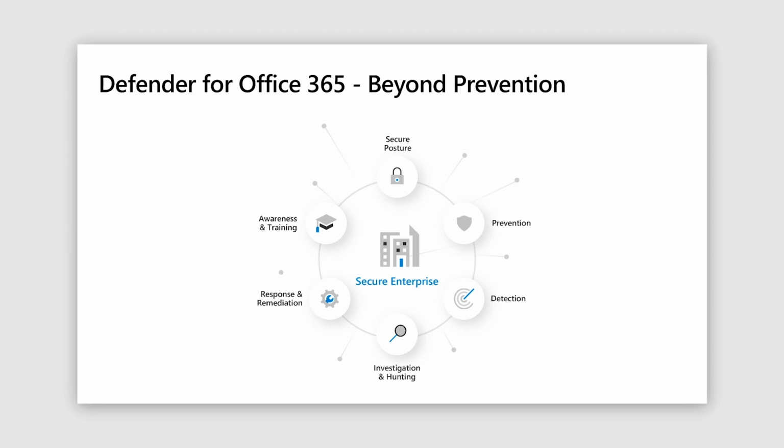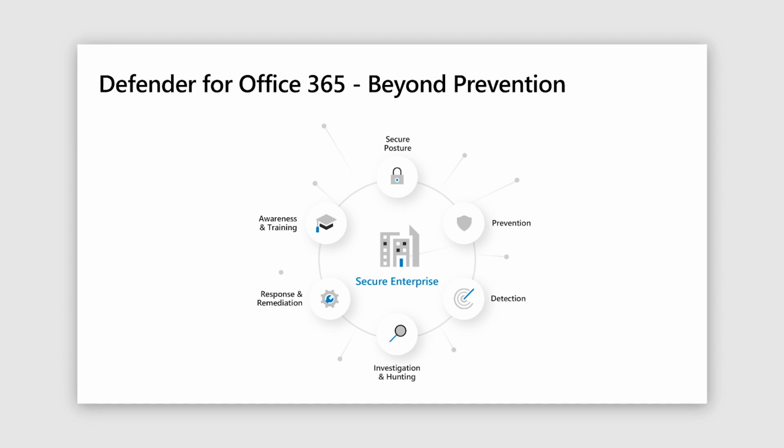We also have a number of response tools in addition to the ones that your security admins can take directly from Explorer. So we've got a product called AIR. And AIR is the automated investigation and response tool where we'll take over that investigation and make recommendations for responses automatically for you.